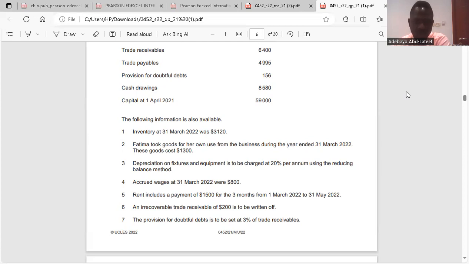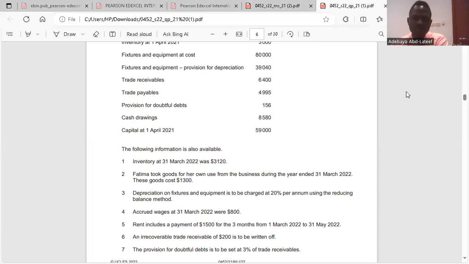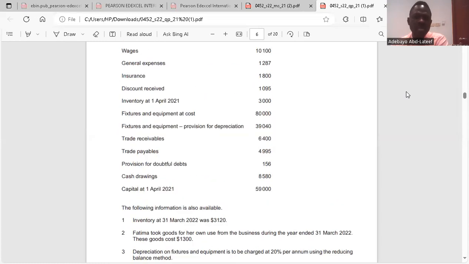That's 10,100 plus 800, which is 10,900. It's part of our expenses. So we are done with rent and wages. Now we have general expenses, which is 1,287. There's no additional information about it. Then we have insurance, and again there is no additional information about it.